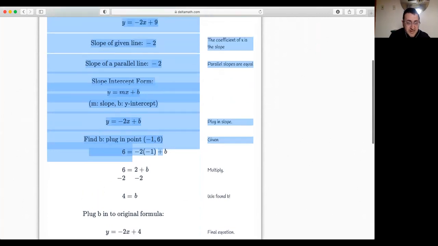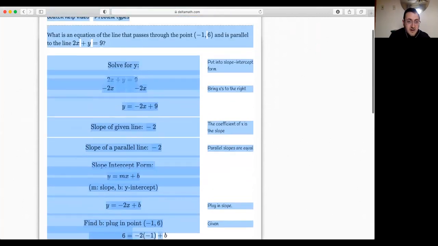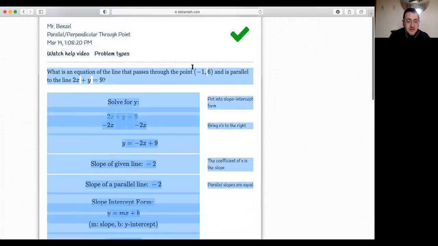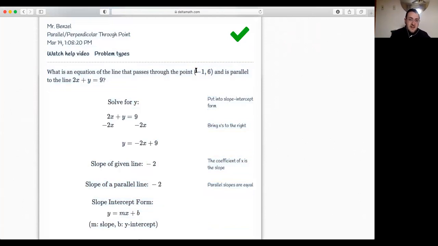If you like this way, I would really encourage you to look through both the solutions on Delta Math and the way that I did it with point slope form, and see which one is working better for you. But what we care about is that you are able to get an equation of a parallel line through a point. And we will do one more.